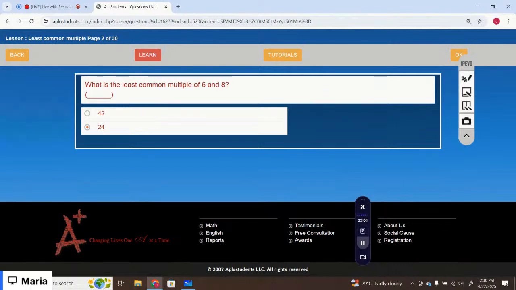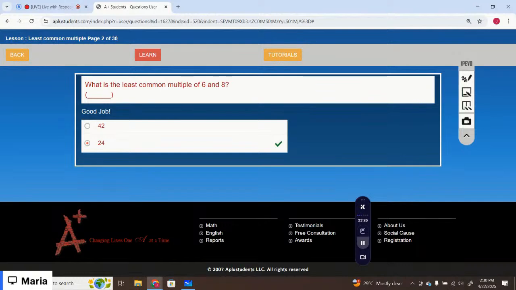So 24 is the number that can be divisible by 6 and 8. 6 times 4 is 24 and 8 times 3 is 24. So the correct option is 24. Option number 2 is the correct option, that is 24.